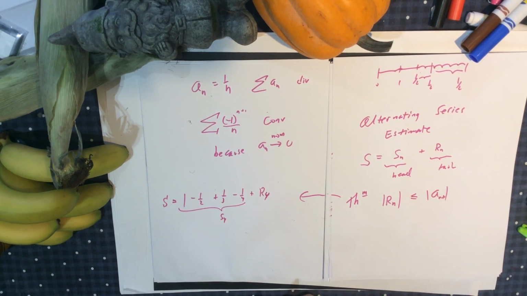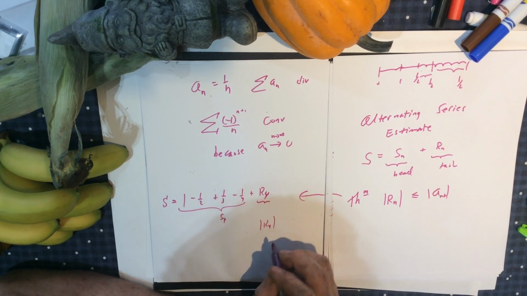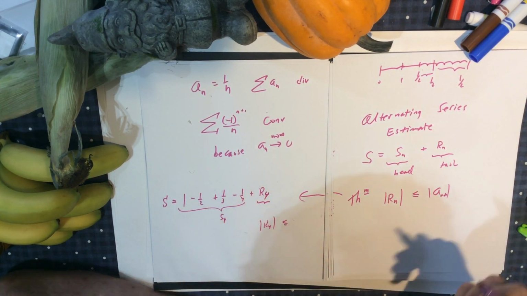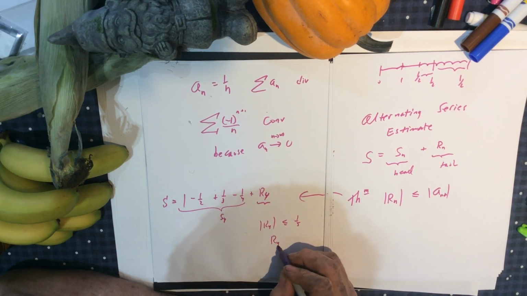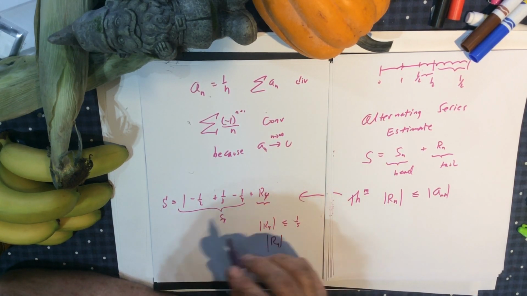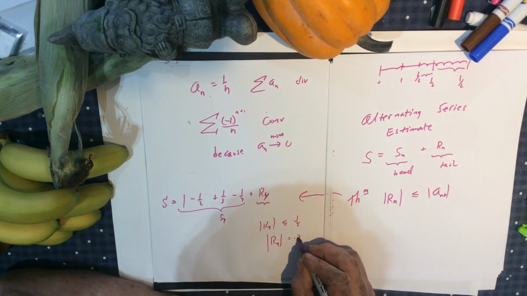What does this theorem say? Well, it says that the size of the remainder after S4 is less than or equal to the size of the next term, which is 1/5, or in this case, the most we're going to add or subtract to our first calculation is 0.2.